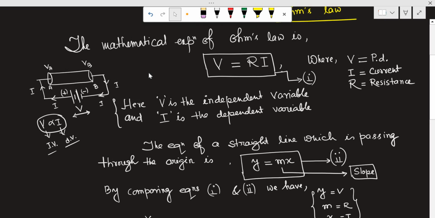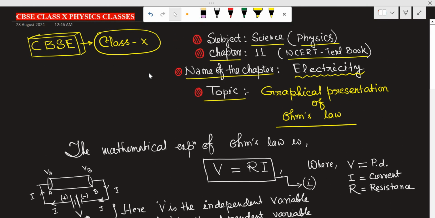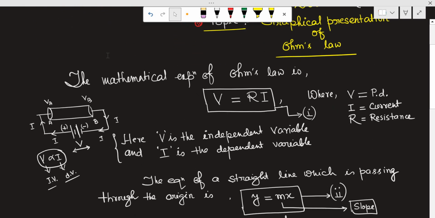So let us sum up. First of all, we should know the mathematical expression of Ohm's law, which is V equal to R I, where V is the potential difference, I is the current, and R is the resistance.